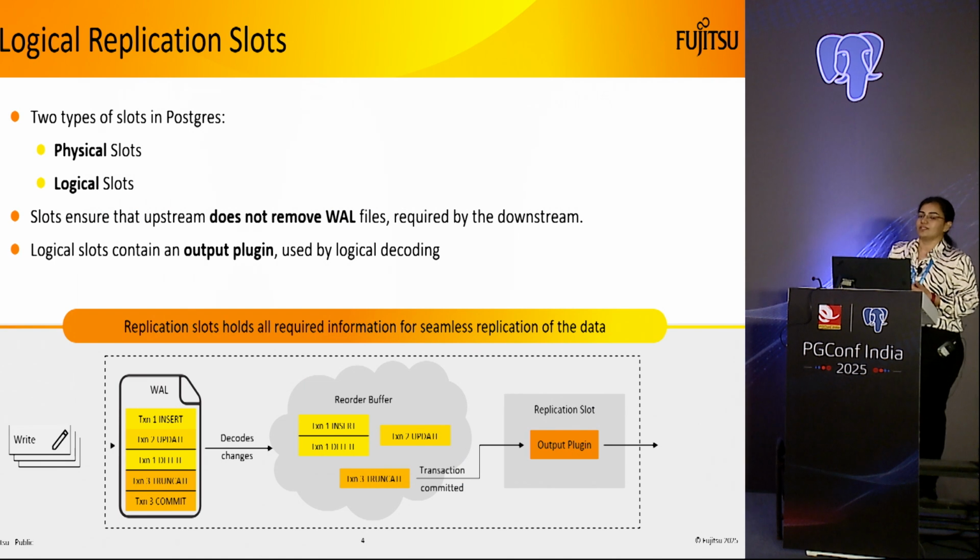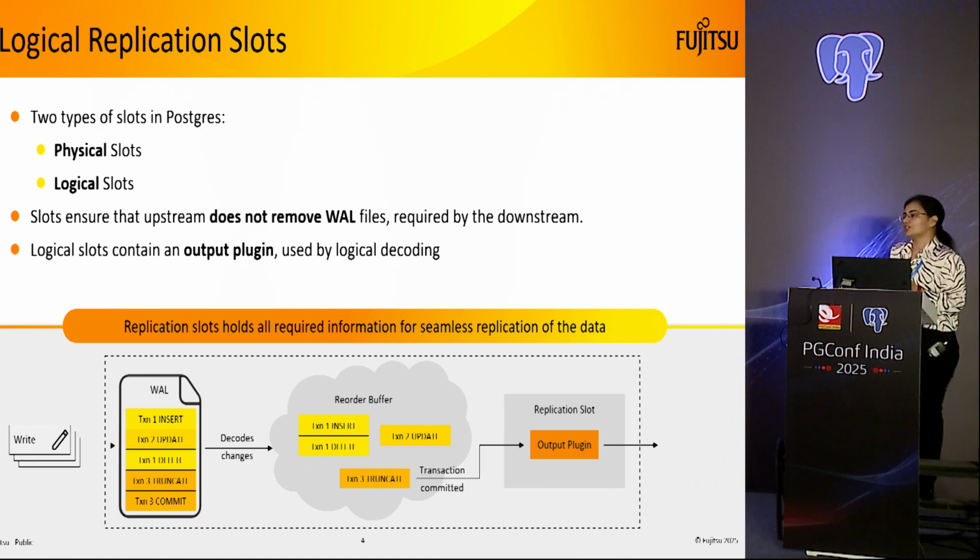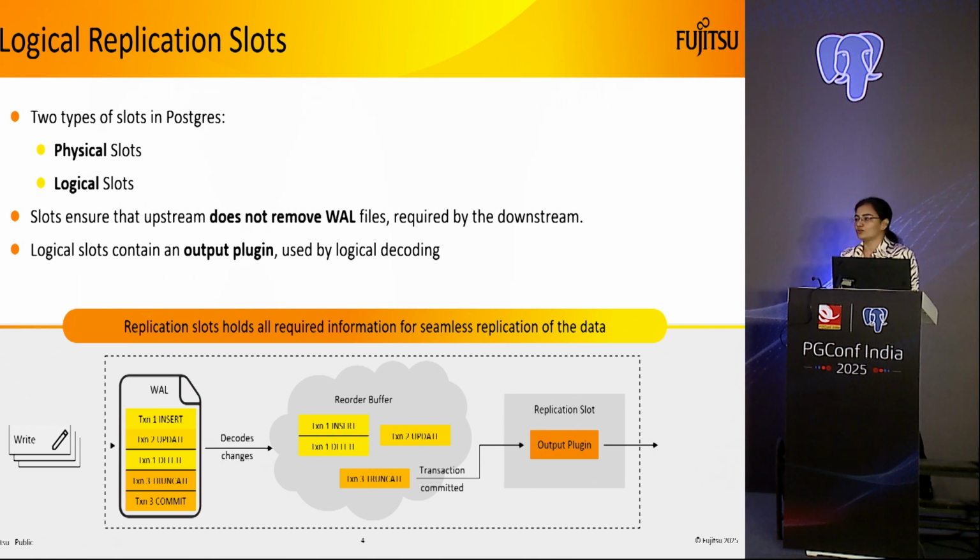So next let's see what replication slots are and what their role is in logical replication. Depending on the replication type, we also have two types of slots. One is the physical slot, which is used in physical replication, and the other is the logical slot, which is used for logical replication.